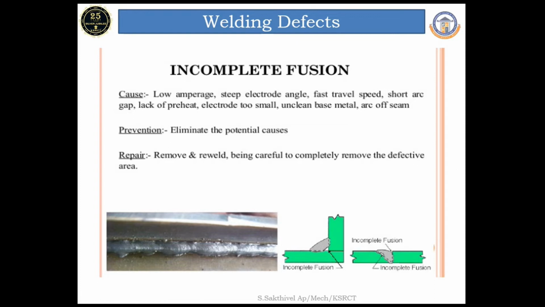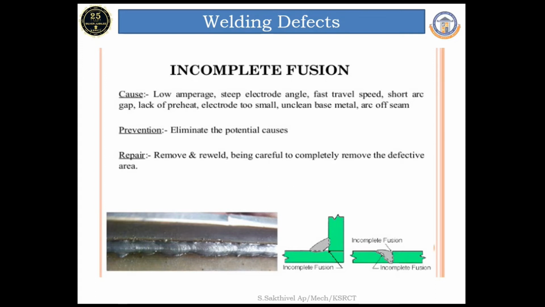Incomplete fusion. The causes are low amperage, wrong electrode angle, fast travel speed, short gap, lack of preheat, electrode too small, unclean base metal, and arc strike.